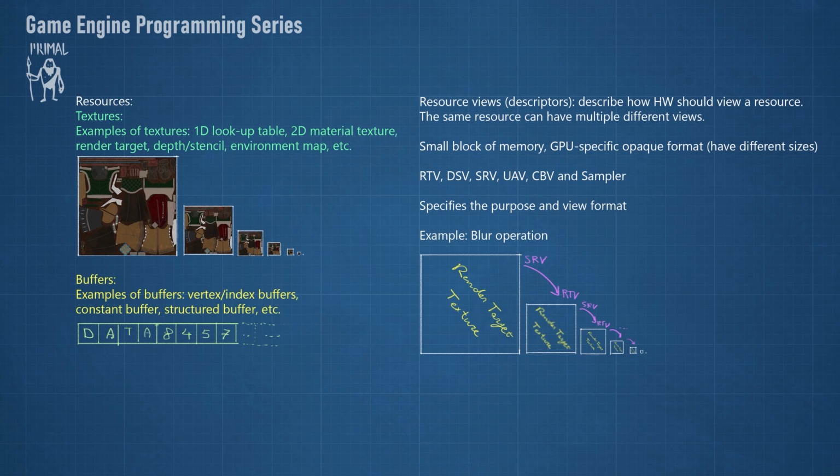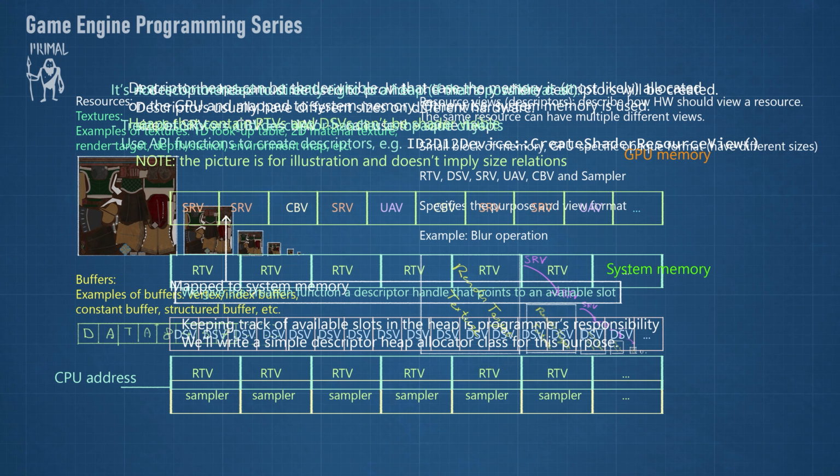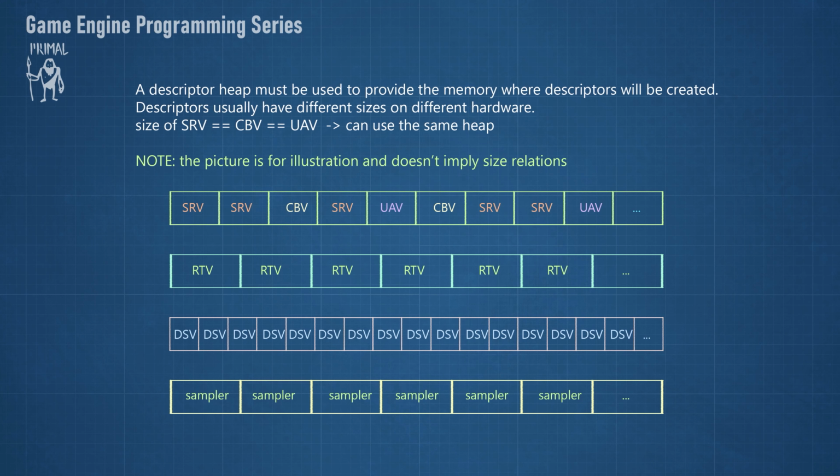A descriptor is a small block of memory with a GPU-specific opaque format. Not considering the ray tracing part of D3D12 for now, there are 6 types of descriptors: render target views, depth stencil views, shader resource views, unordered access views, constant buffer views, and samplers. The memory in which descriptors are created is provided by descriptor heaps.